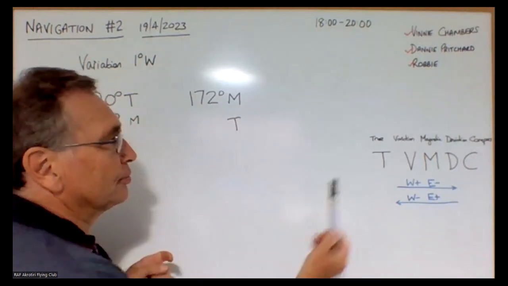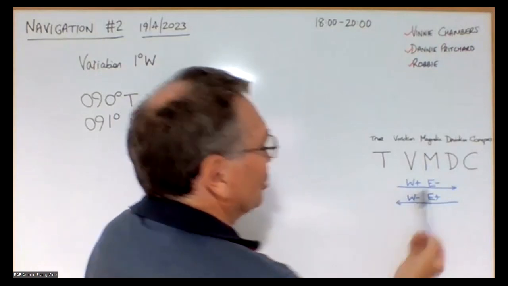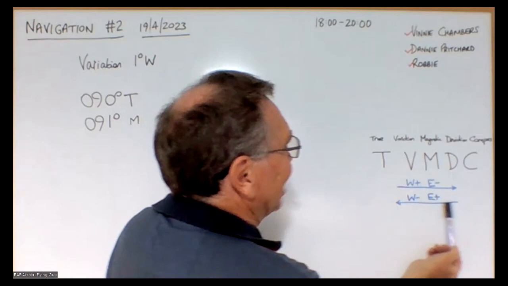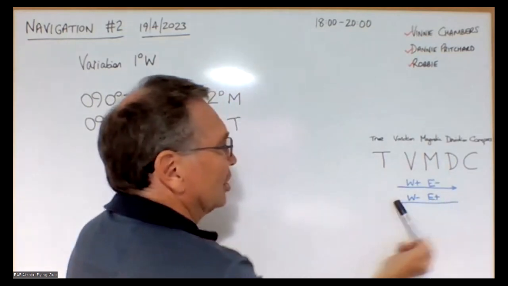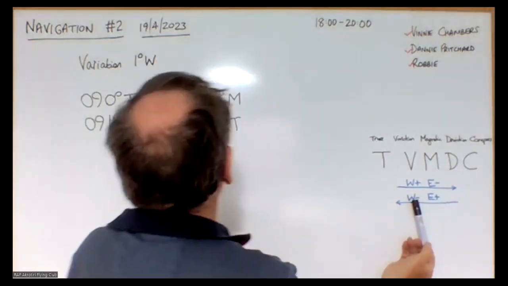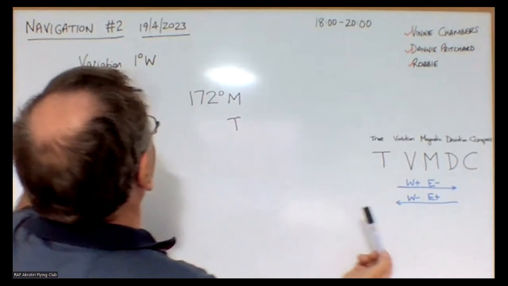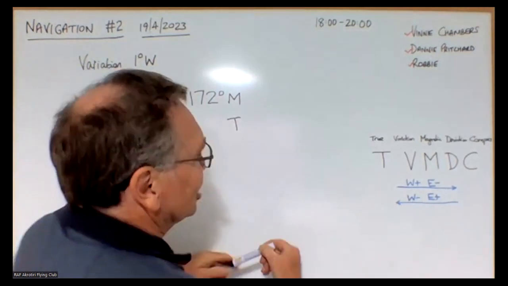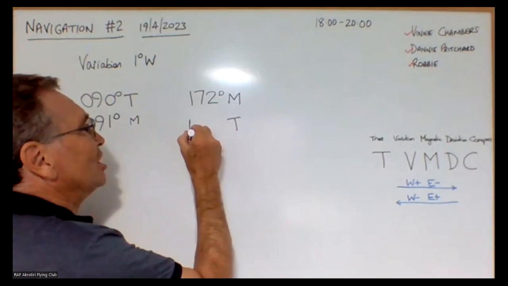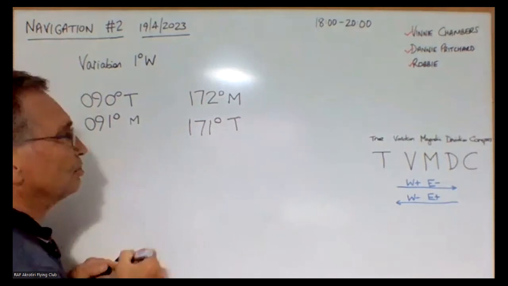So you would subtract the 1 degree west because you're going to the left. So in other words, I'm going magnetic to true. So this is the arrow I'm looking at. Yeah, I'm going in that direction. And it says here, I subtract off west. So the variation is 1 degree west. So I have to subtract off west, as you quite rightly point out, which means it's 171 degrees true.